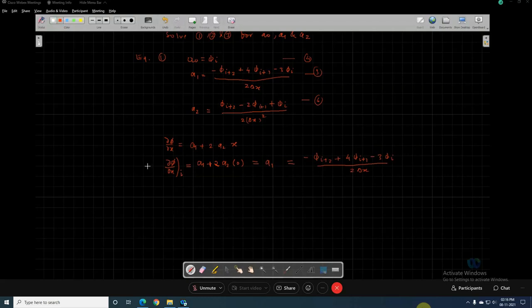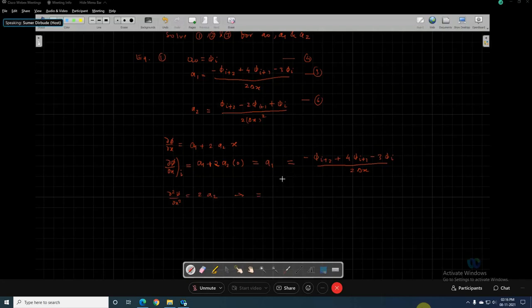And del 2 phi by del x2 is itself twice A2. So derivative of this, essentially this will be twice of this. So twice of this is that delta x square goes out.